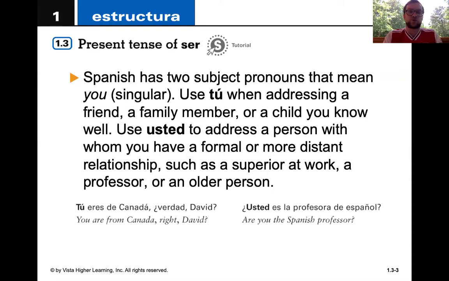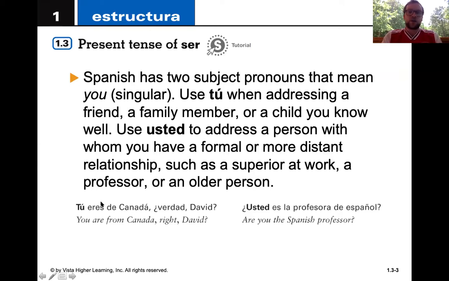Certain countries you can say tú to your parents. I think that's more family dependent. But you know, things like that. A professor, an older person, someone that you need to address more formally. Someone you'd probably say yes sir or yes ma'am to, which is what I was taught to do when I was growing up. Okay, muy bien.